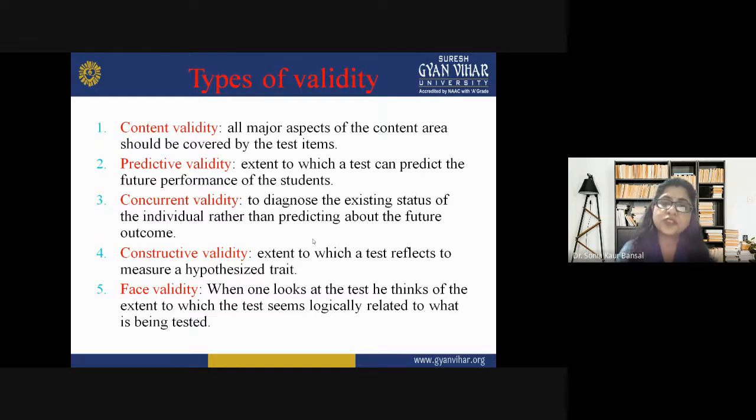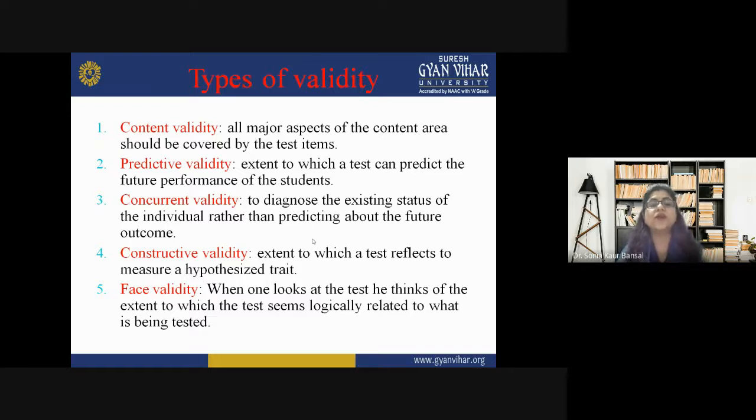With the help of research questions, we frame some tentative solutions which are called hypotheses. So when a hypothesized trait is with us, that we have made a hypothesis on, and the test is actually measuring or reflecting that, then it is covering construct validity.